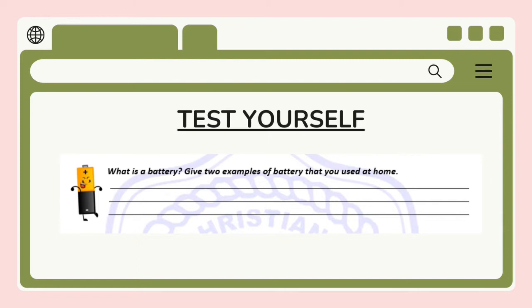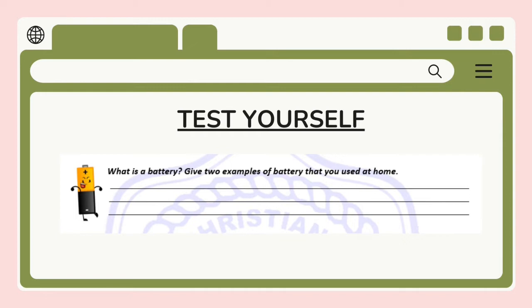Okay, so always remember a battery is a device that is responsible for storing chemical energy and converts it to electrical energy. So with that, the two batteries that we can use at home, the first one is the rechargeable battery. It is commonly used in our gadgets such as cell phones, tablets.